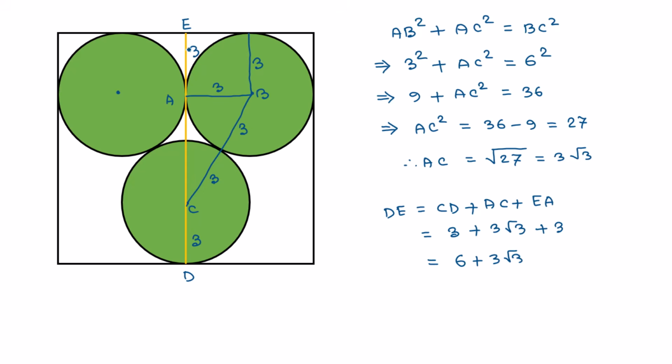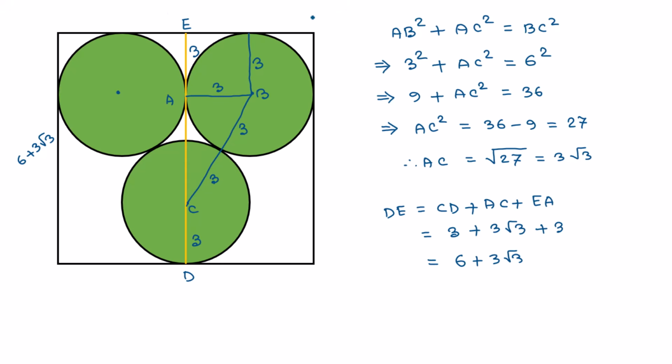And this ED is the same as the length of this side of the rectangle. So the width of this rectangle will be 6 plus 3 times square root of 3.